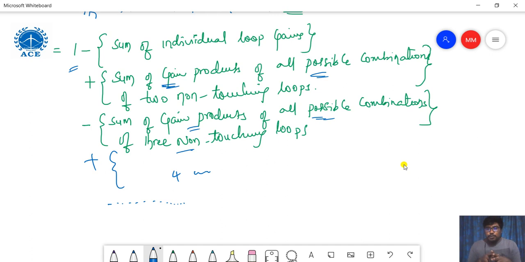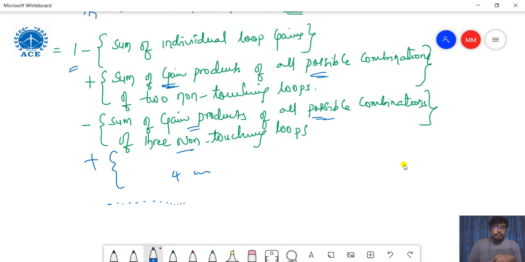What do you mean by individual loops? An individual loop is nothing but a path starting at a node and terminating at the same node, and this particular node does not have a common node with another loop. Generally, individual loop means self loop. You don't have any common node with other loops, simply, right?